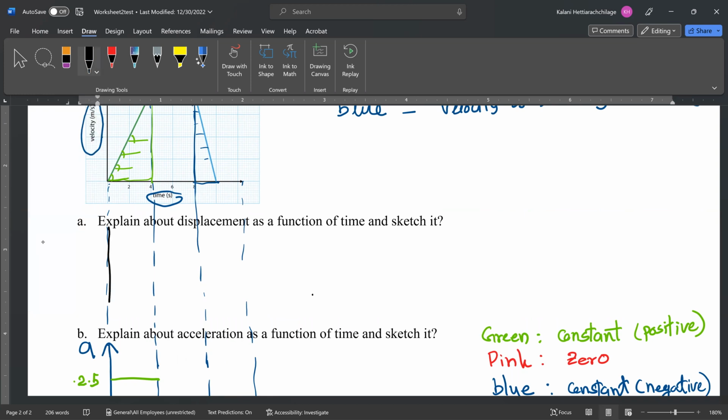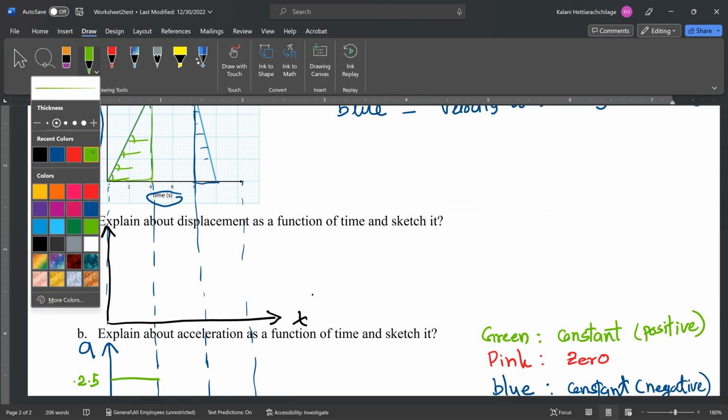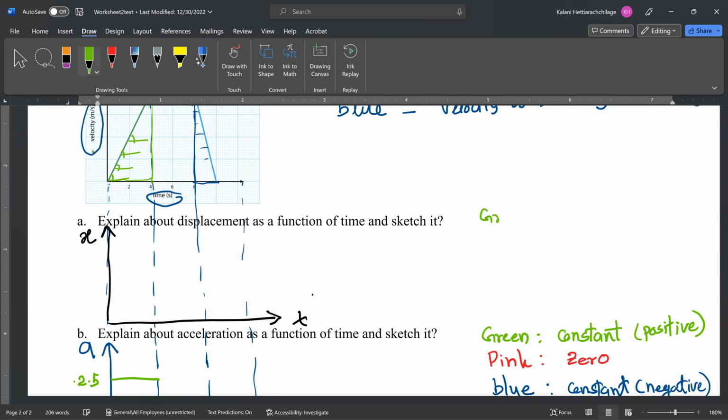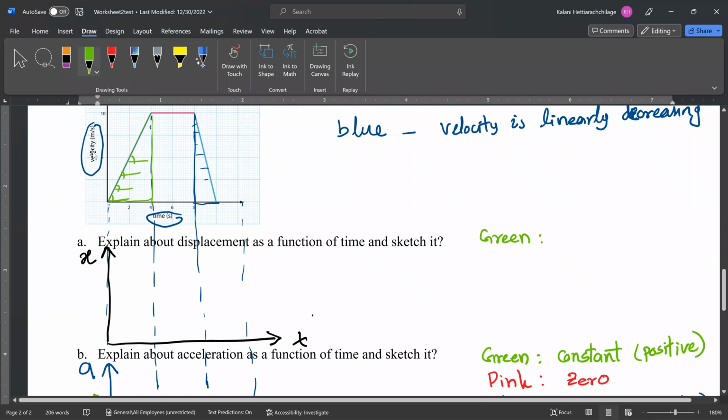So let's draw this line first. My time axis and my displacement. I'm going to say x and time. So now, by watching the blue, green part, right? First one is the green. So in the green part, I know that if I draw something on this plot, that should give you the increase in slope.